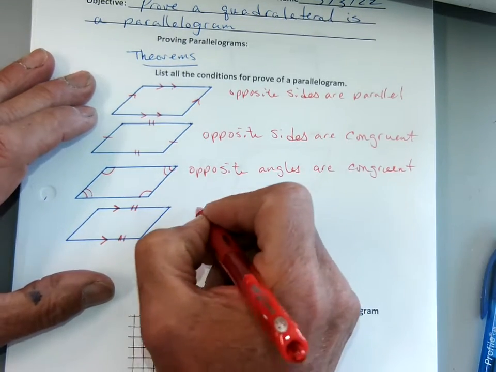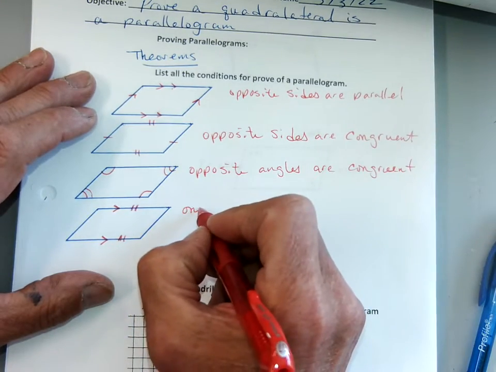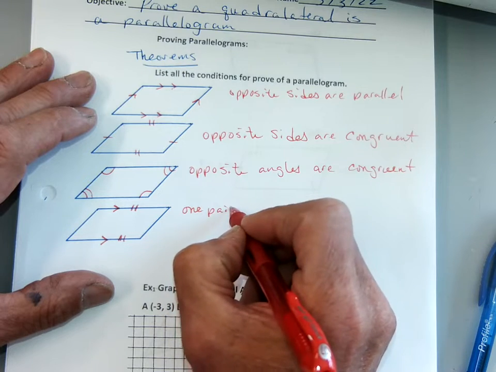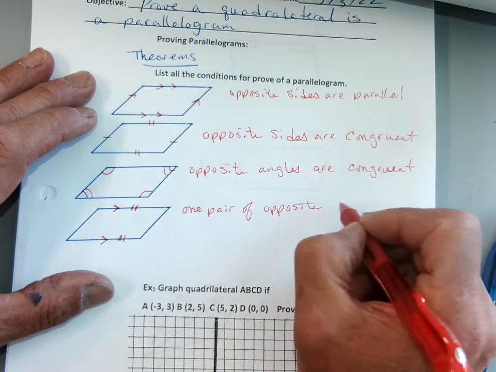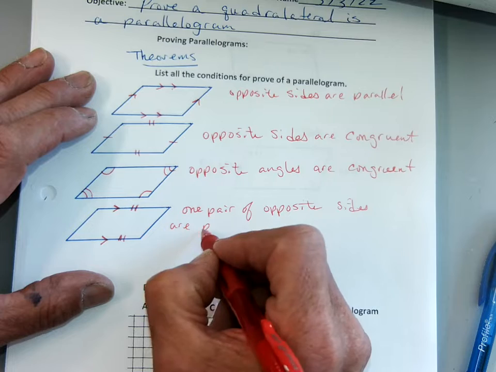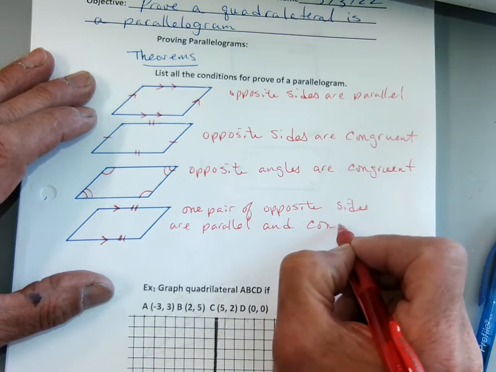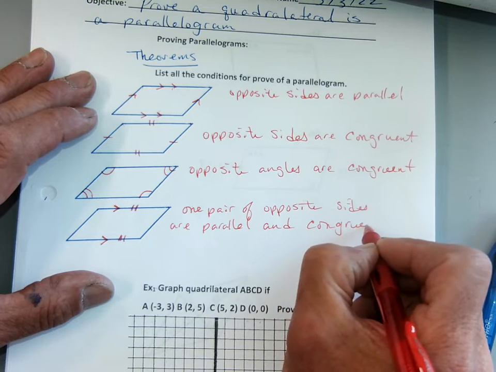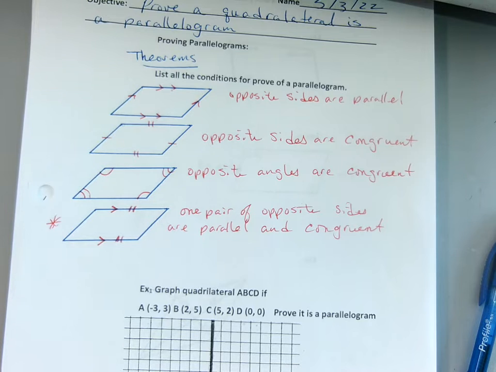So if we've got one pair of opposite sides that are parallel and congruent, I'm going to put a star by that one because that's kind of a new one. Then it's got to be a parallelogram. Has to be.